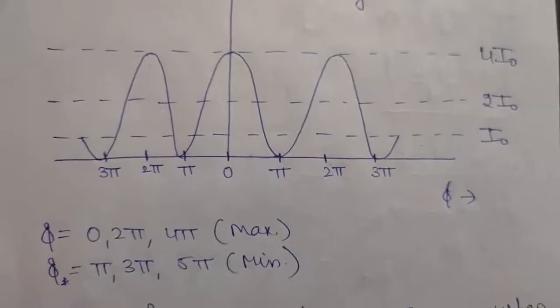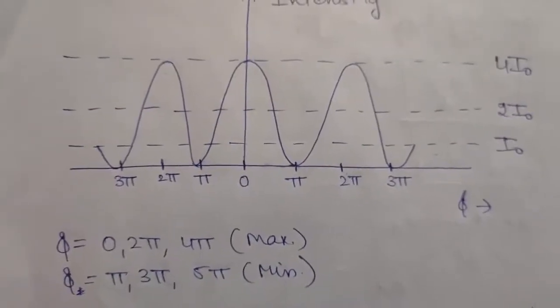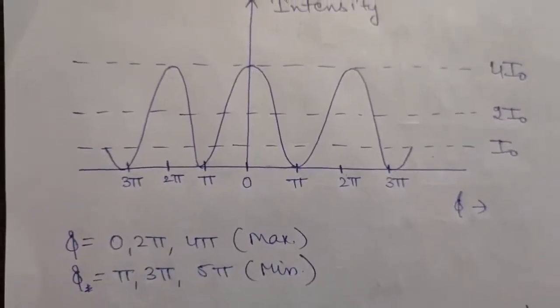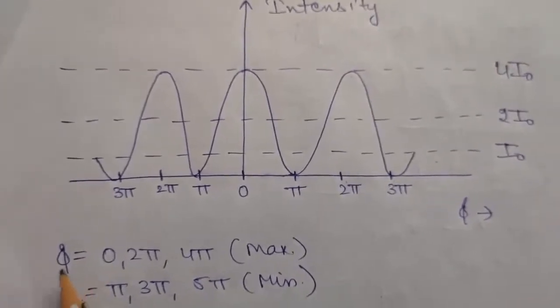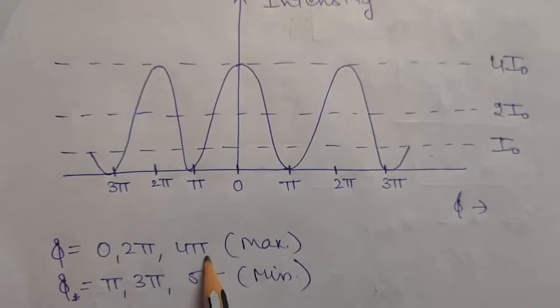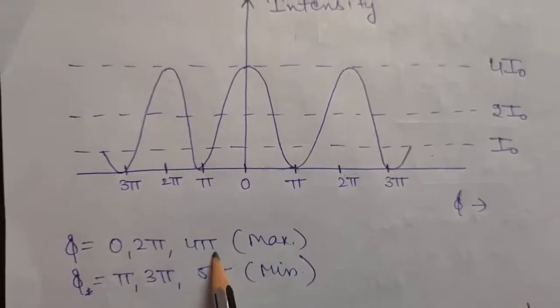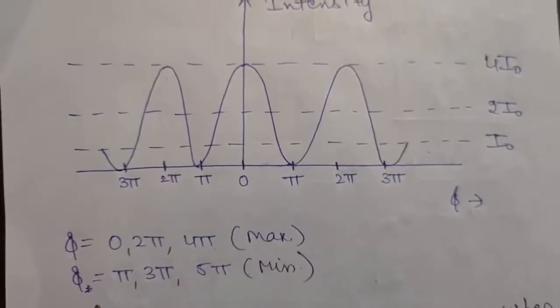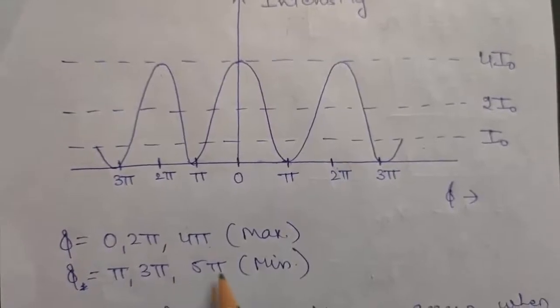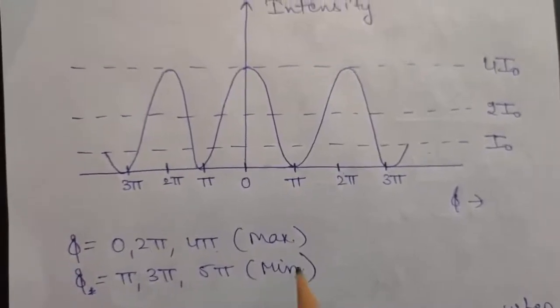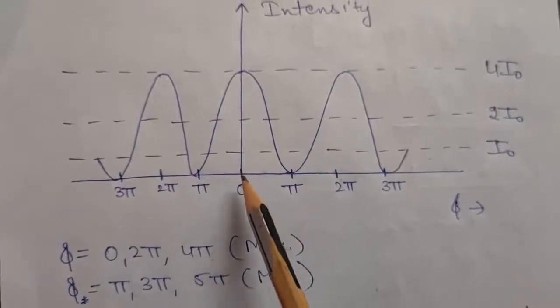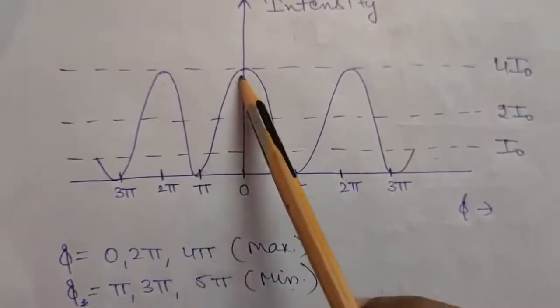Now if you see the conditions that you have calculated for constructive and destructive interference, from there you can easily conclude that when phi was 0, 2 pi and 4 pi, you were getting constructive interference, that is a maxima, and when phi was pi, 3 pi, 5 pi, then you were getting a minima, that is destructive interference. So here also, when phi is 0, you have a maxima.